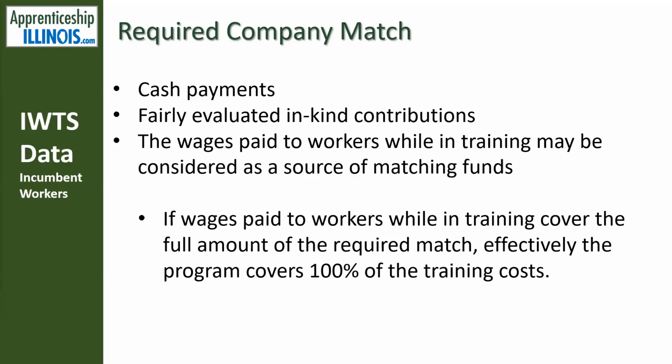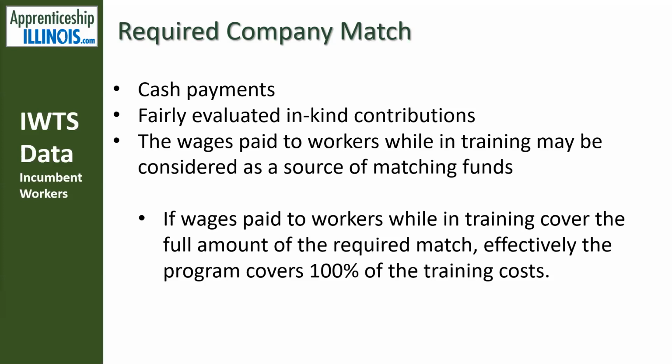So it's a little bit confusing, so I want to make sure you're all clear on that: while there is a required match, if the match is met fully through training wages while they're in training, then it's okay if the program pays 100% of the training costs, okay?